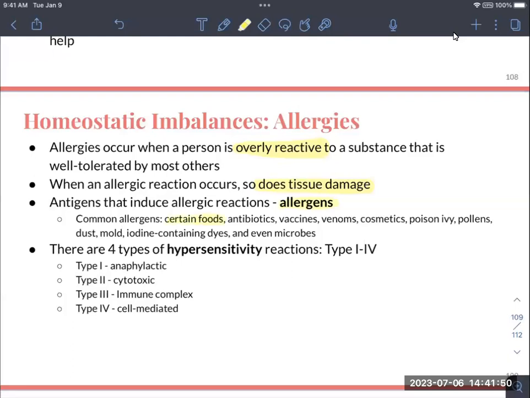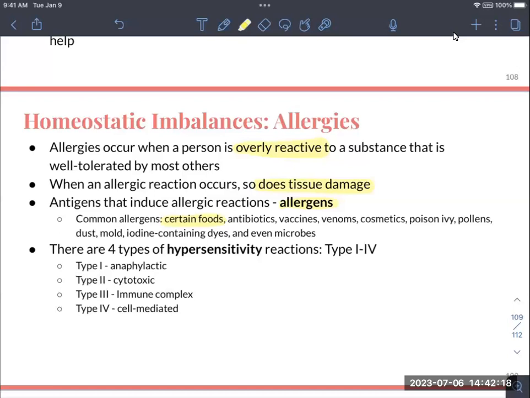There are certain foods that people are allergic to. Nut allergies have been pretty prevalent. Shellfish, antibiotics. There are certain antibiotics that people are allergic to. I know quite a few people allergic to penicillin. Venoms, cosmetics, poison ivy.